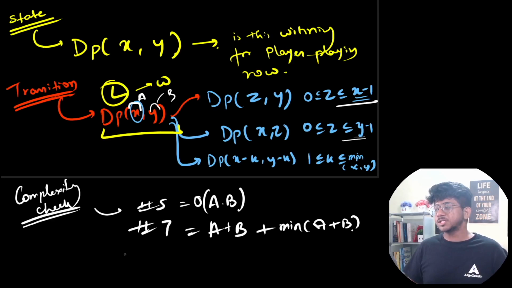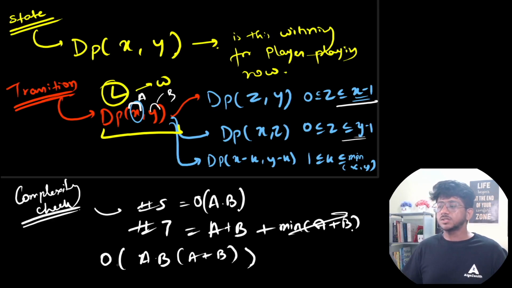So in total, this is order states into 1 plus transitions, so a into b into, the minimum is always less than the sum, so we can omit it in order notation and write a plus b. So this is the total time complexity of this particular idea.